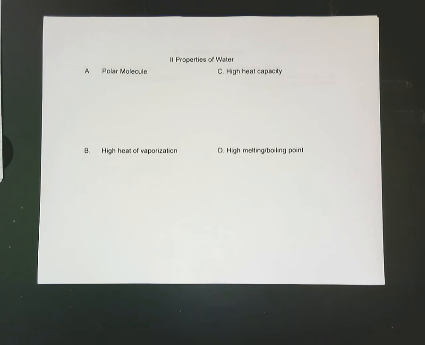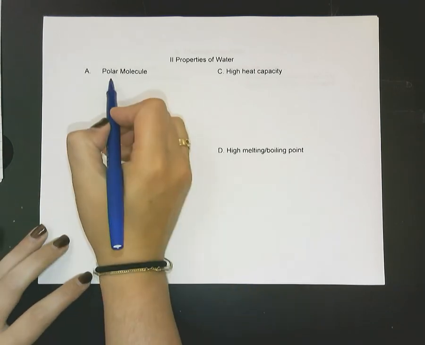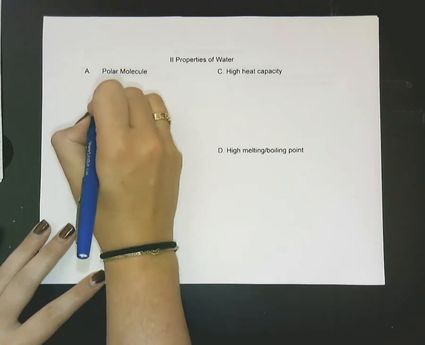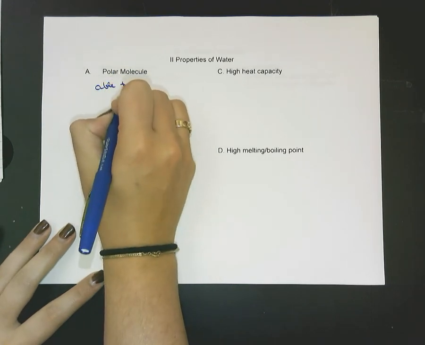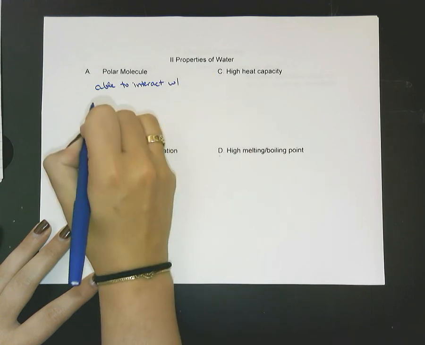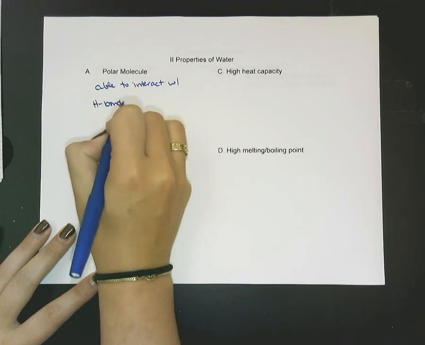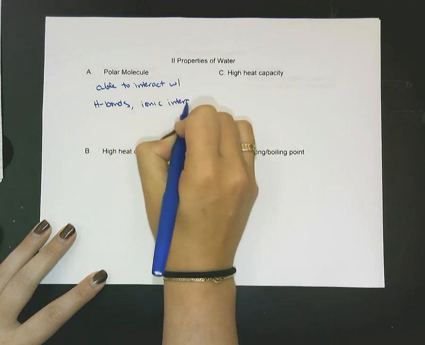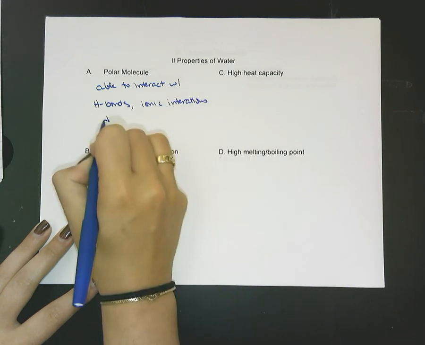All right, so 4 things that are really interesting about water. One, we've covered a lot, that's polar. That it's able to do hydrogen bonds, ionic interactions, dipole-dipole.